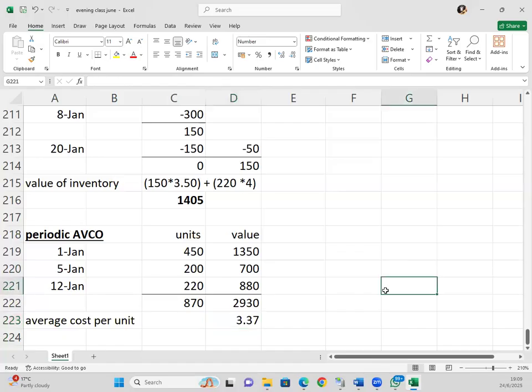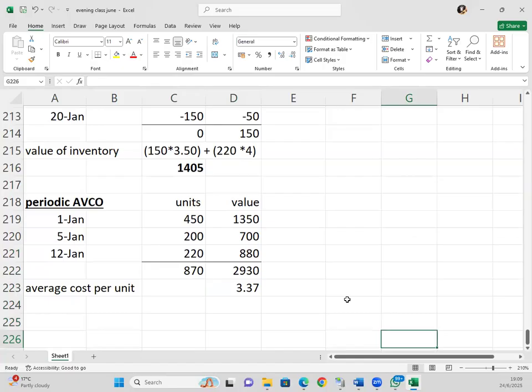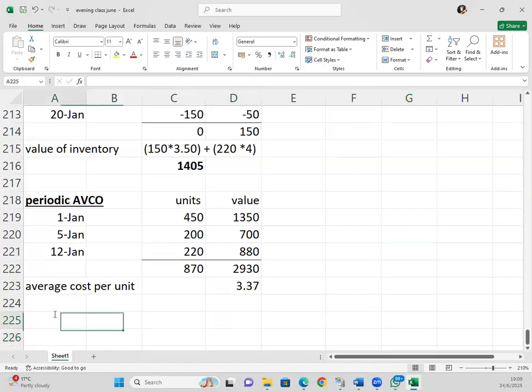So it means on average, each unit you bought at $3.37. Then after that, we work out the closing inventory.